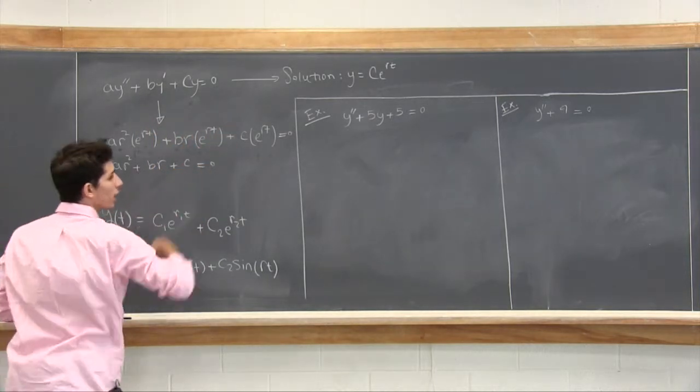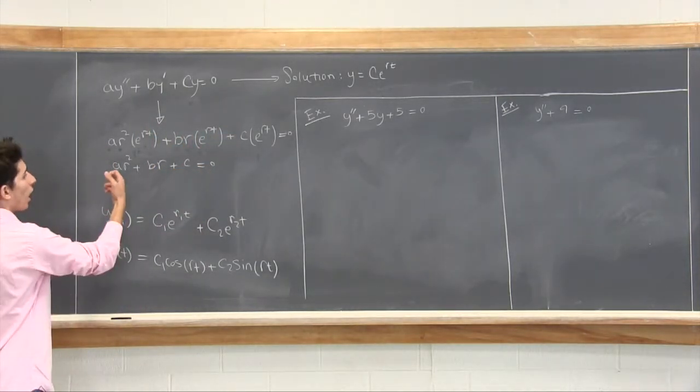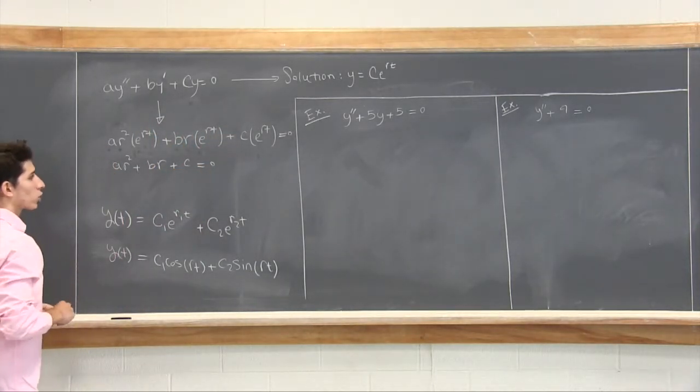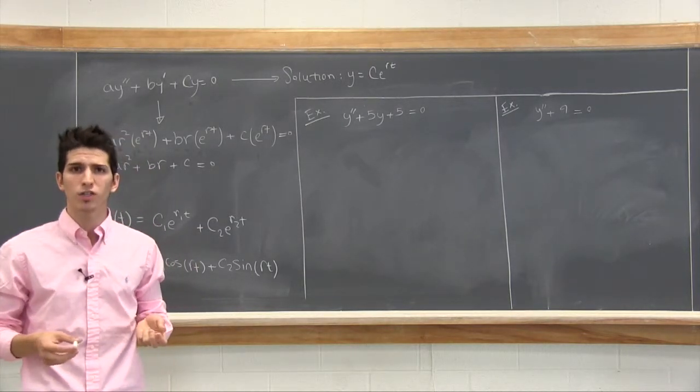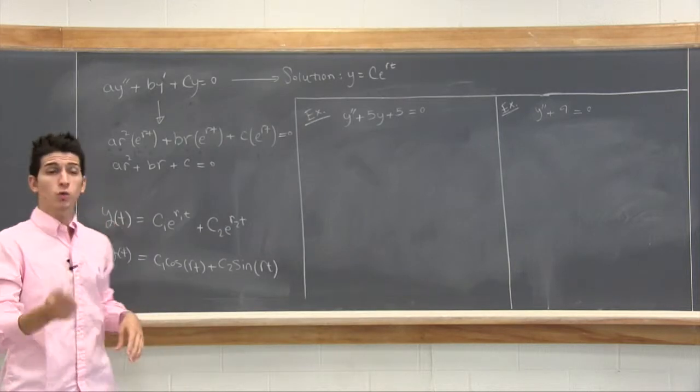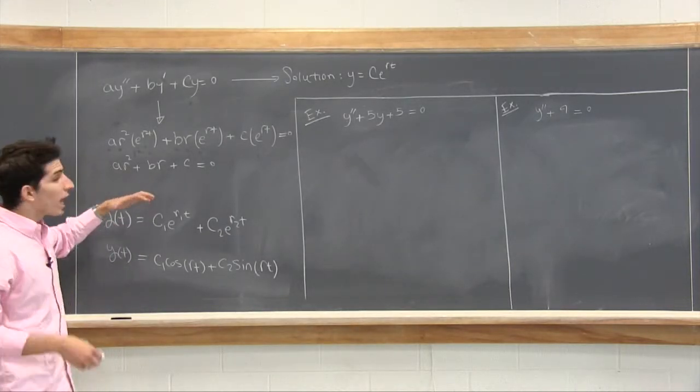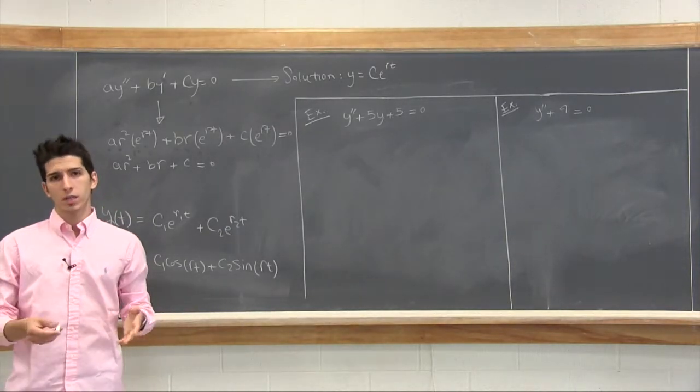Now the e to the rt's cancel each other out, and all we're left with is ar squared plus br plus c equals 0, which is just a quadratic equation. Pretty easy to solve.